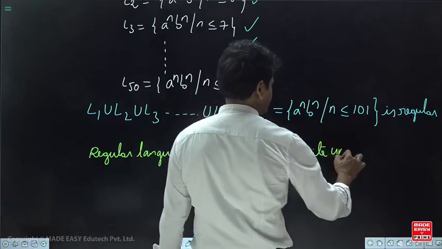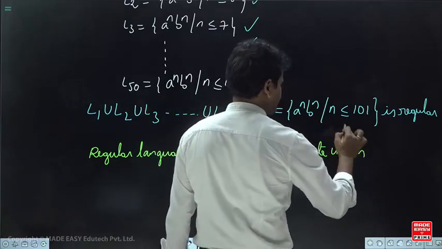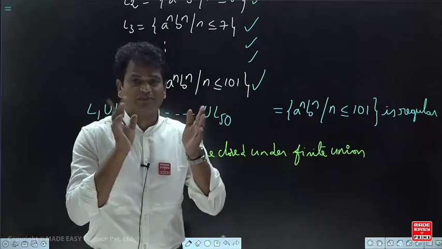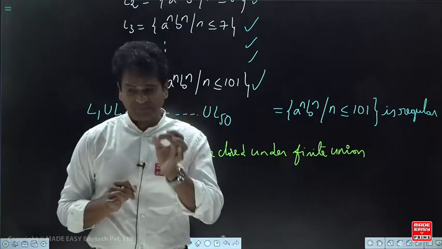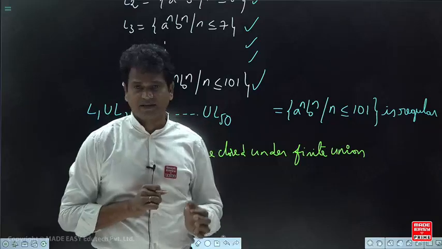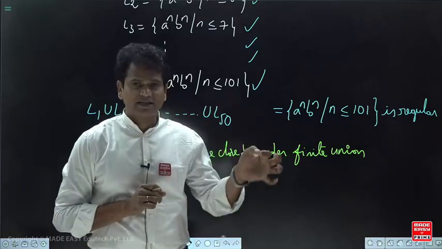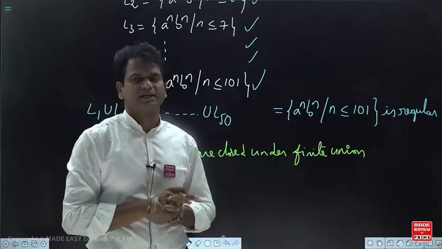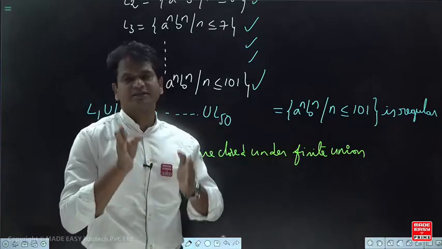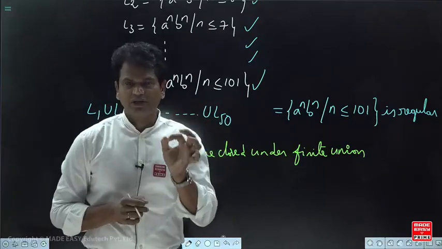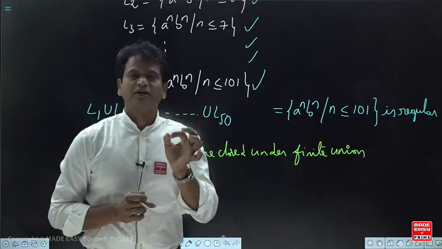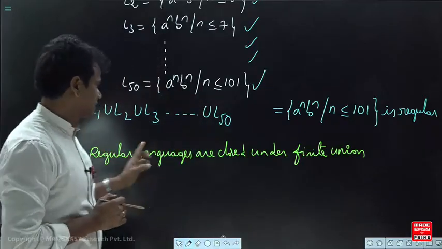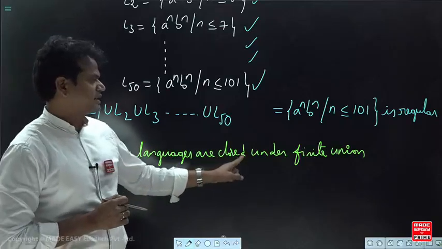What is the meaning of finite union? If you take the union of some countable languages, in which every language is regular, L1 regular, L2 regular, L3 regular, L4 and so on, you take 100 languages, their union is regular. If you take 1000 languages, their union will be regular. So the union of a finite number of regular languages is regular. So regular languages are closed under finite union.